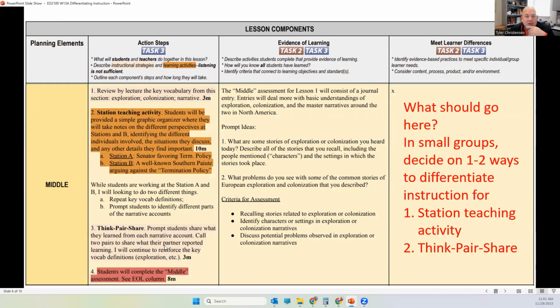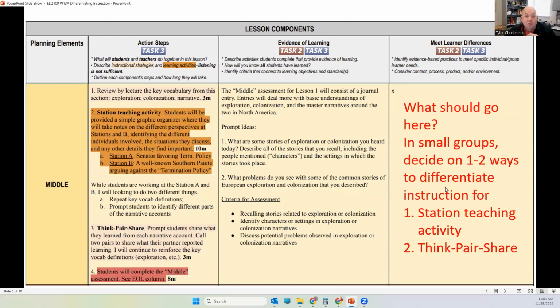What if in the think, pair, share, we have a few students who speak, let's say, Spanish. If their English is a little shaky, maybe this would be an opportunity to say, pair up student D and student E, who are both Spanish first, and have them share with each other through the prompt. And so we make an accommodation there for those learners.